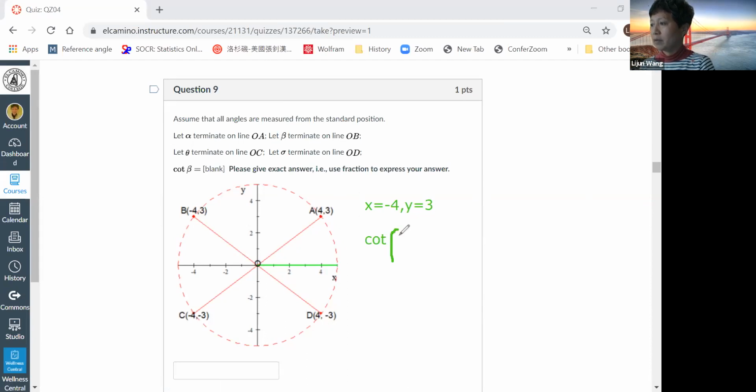Cotangent beta is equal to, what does it equal to? X over y, right? So what is x? X is -4. Y is 3.